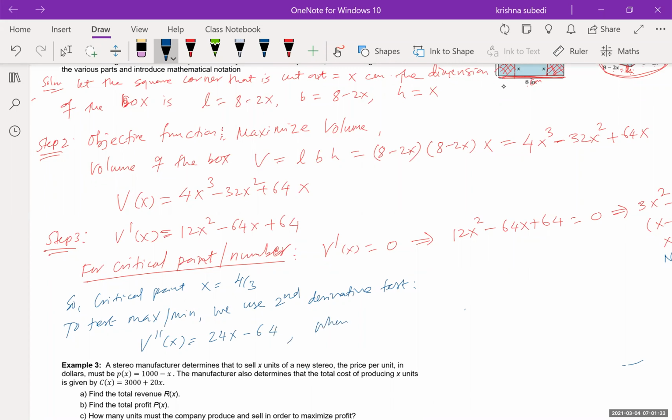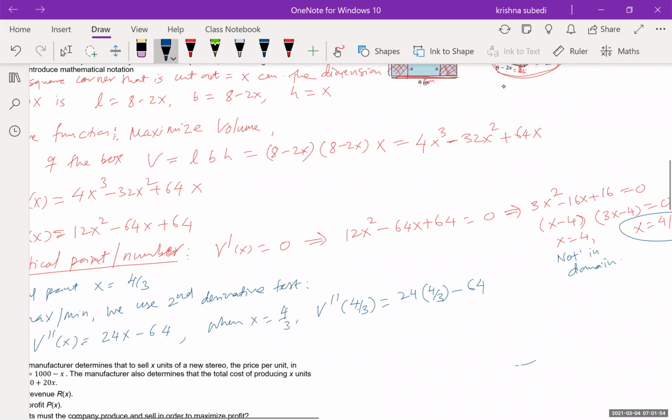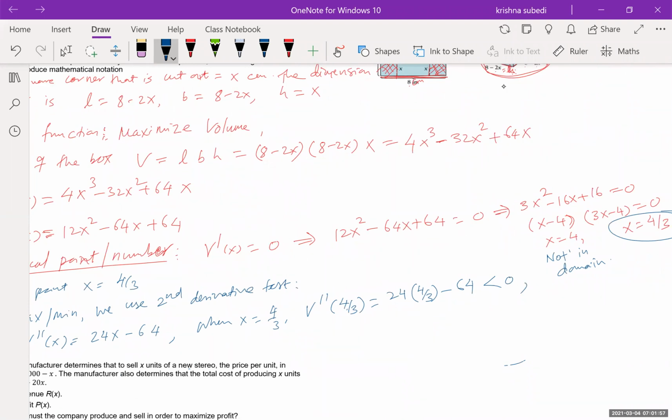And when x equals 4 over 3, we need to test that point into the second derivative, and that's going to give me 24 times 4 over 3 minus 64, and clearly this is negative, right? Second derivative negative means we know that this is concave down.